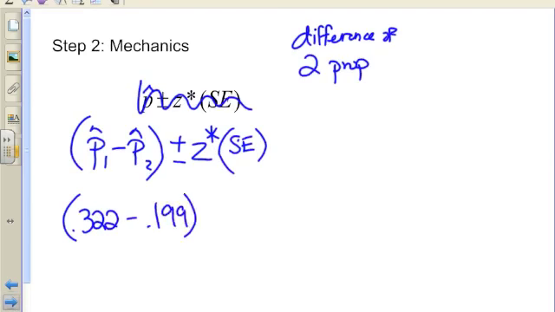I'm going to add and subtract z star. We're still in a normal model, so for 95%, we've got a z star of 1.96. If you do not recall how to find this number, please revisit Chapter 19. The topic was critical values.